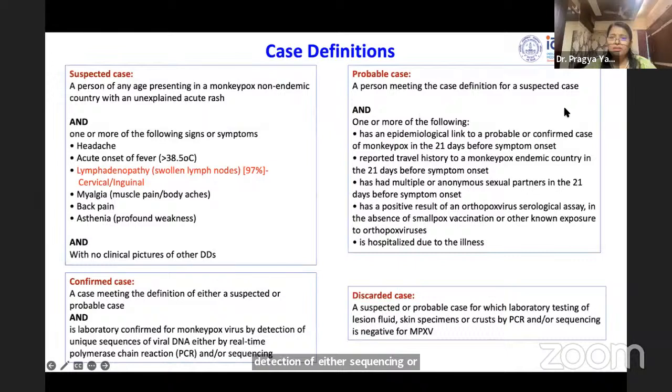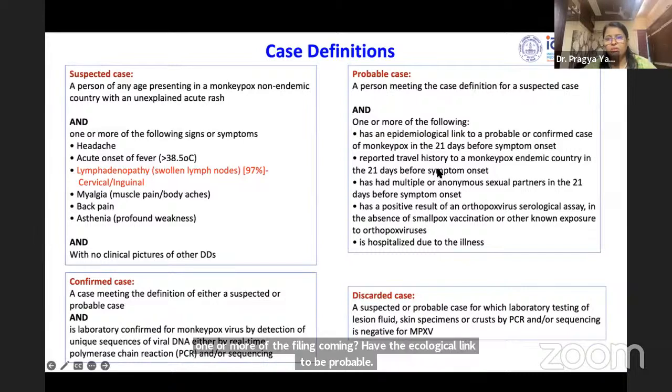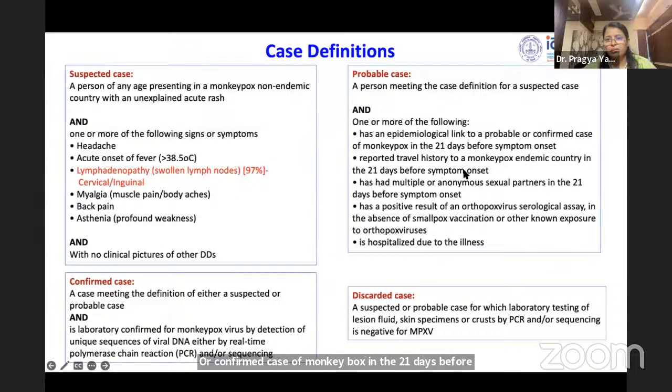So the probable cases: a person meeting the case definition of a suspected case who has one or more of the following. They have an epidemiological link to a probable or confirmed case of monkeypox in the 21 days before symptom onset. They have a travel history, or they have multiple or anonymous sexual partners in the 21 days before symptom onset.